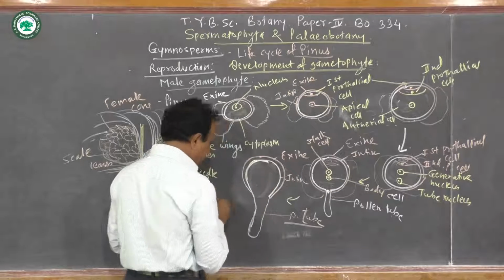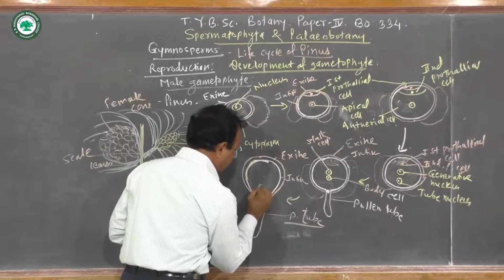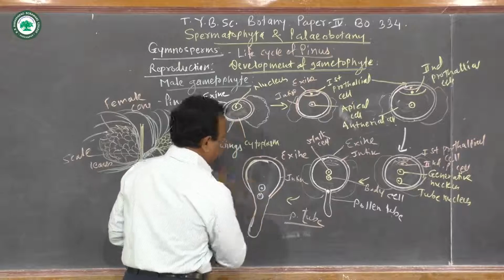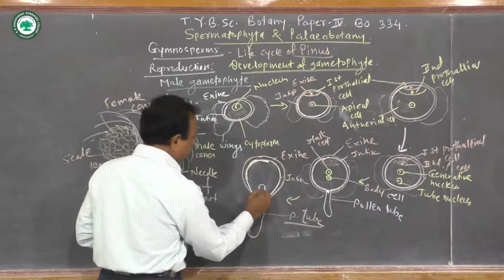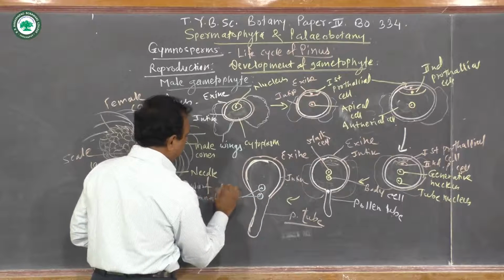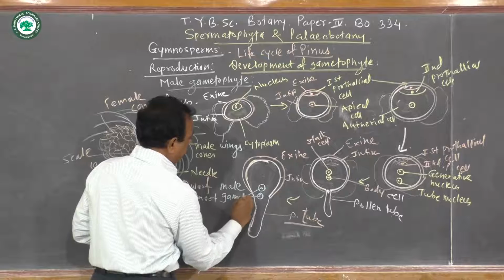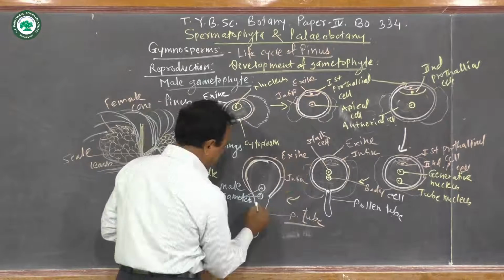This body cell nucleus divides, and two nuclei are formed. These two nuclei formed by the division of the body cell are nothing but the male gametes. Later on it is followed by the stalk cell.